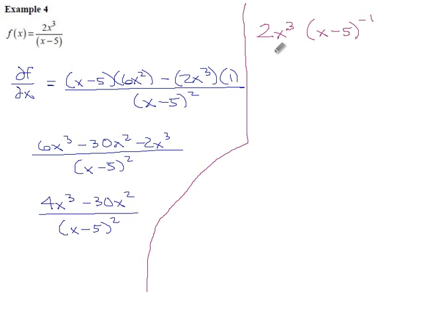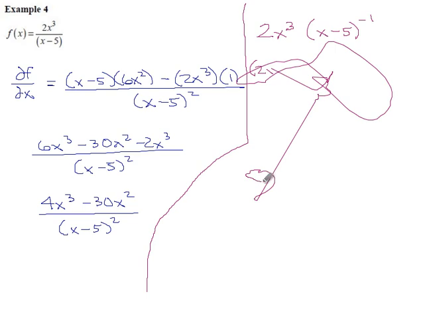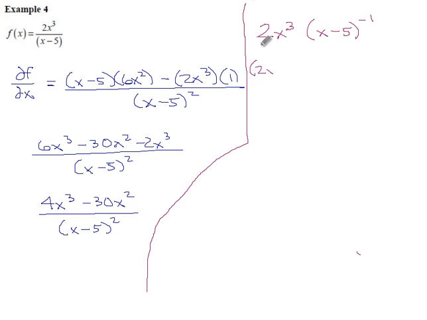If we do this with the product rule, you remember it's first d second plus second d first. So we get first times derivative of the second, which would be minus 1 x minus 5 to the minus 2.